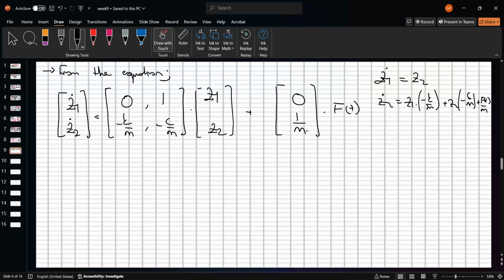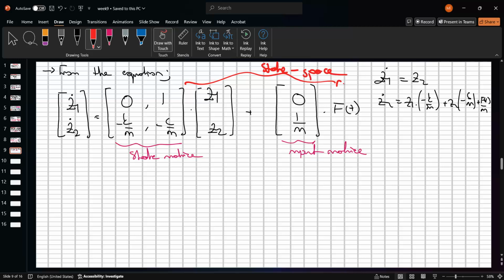Yes. And so this is called the state matrix. This is called the input matrix. Okay? We can build the state space based on this information. This is called the state space representation.